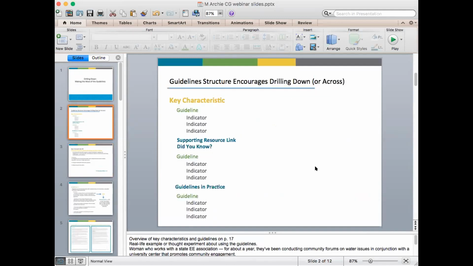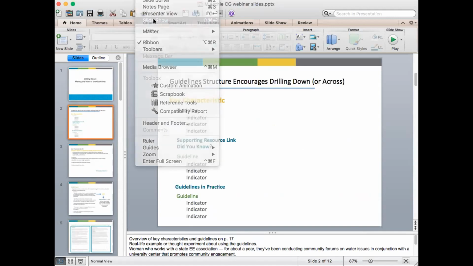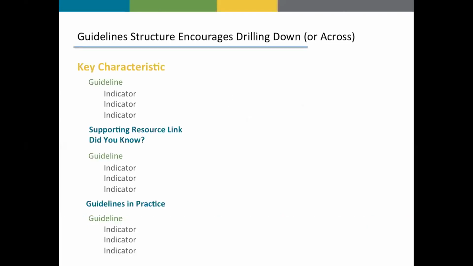So under that key characteristic, and I'm going to actually view the slideshow version of this so you can't see my whole screen. I should have done that before. So under that key characteristic, as Anne and Bora have talked about, we have guidelines, and then we have indicators, the ways of seeing that guideline in your programming, or the things to look for or to try to accomplish.